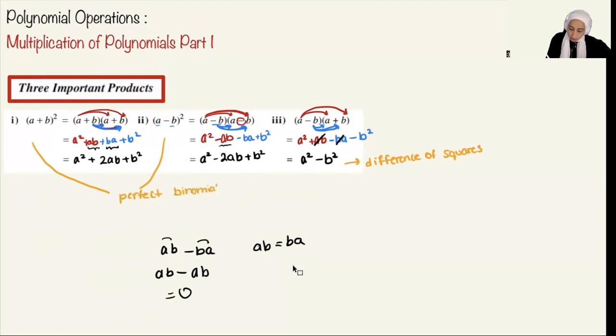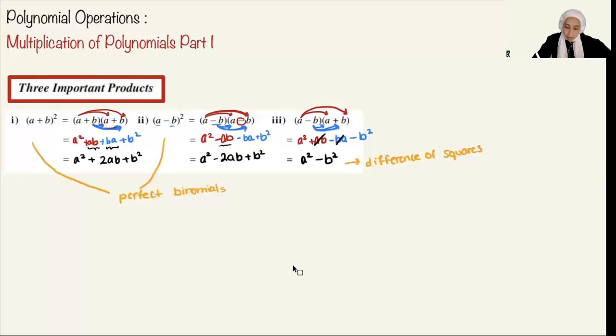It's just nice to know some key terminology here, but you don't have to memorize this. You just need to know how to use it. Just recognize that the ones that I kind of curved like that, these are perfect binomials, okay?